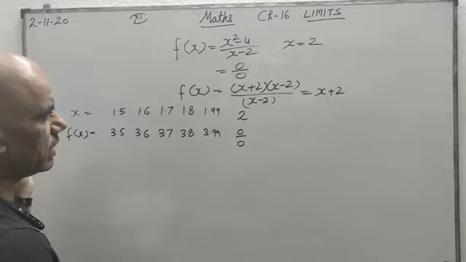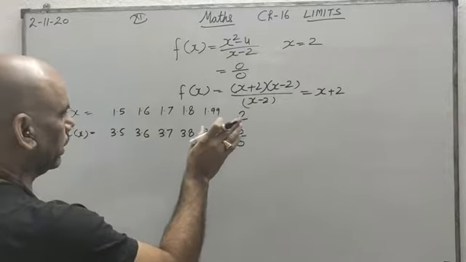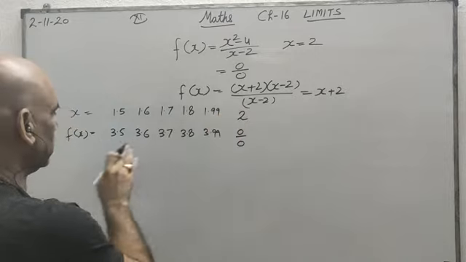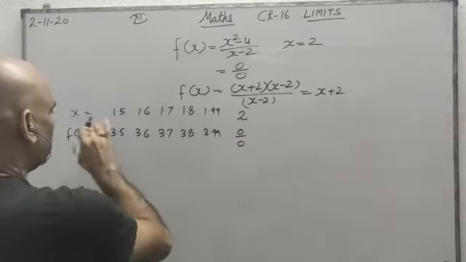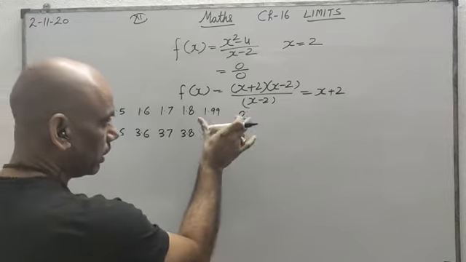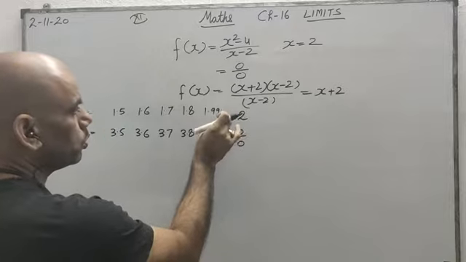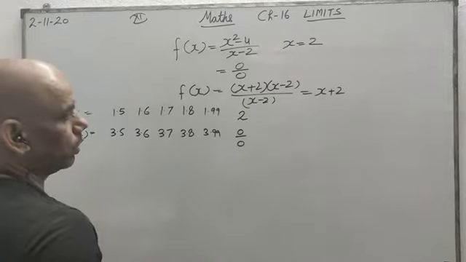So on the left hand side of 2, if the value of x is increasing, the value of f(x) is also increasing. If the value of x is closer to 2, then the value of f(x) is closer to 4.